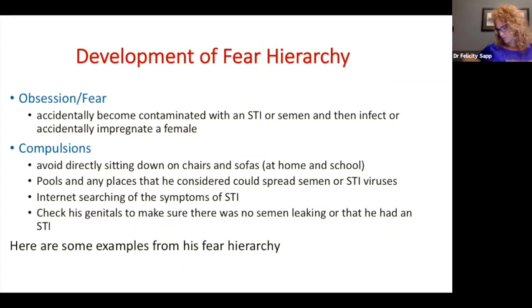He'd always put something down first. And when he came in my office, he would always put his jacket down. He wouldn't sit on the chairs there. He avoided places like pools that he thought could spread semen or STI viruses. He did a lot of internet searching, and he was excessively checking himself to make sure that there was no semen leaking or that he had an STI.